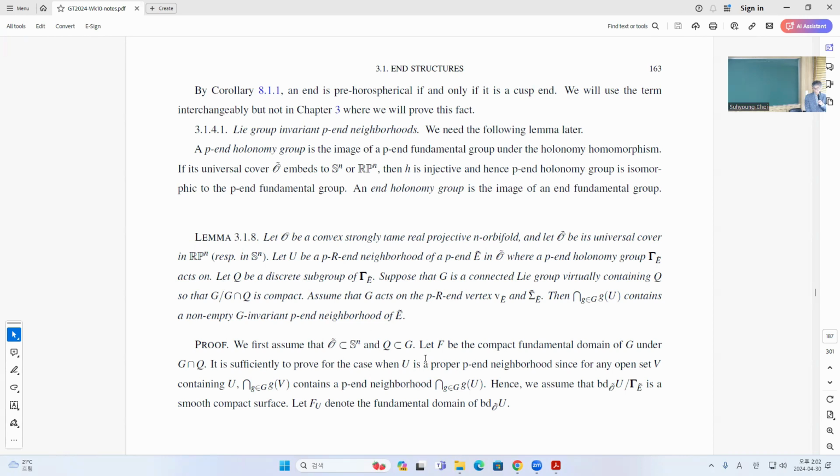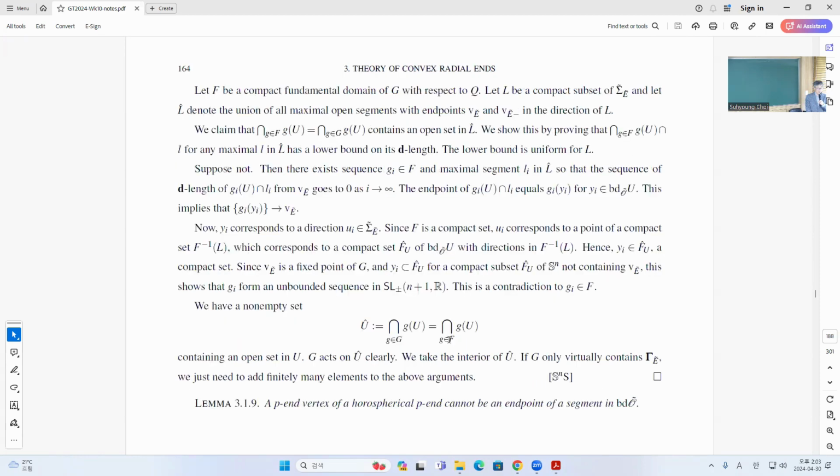The reason is, of course, you can always find some compact fundamental domain. So instead of taking the complete intersection, you can only look at these things on the fundamental domain. Okay, that's the basic proof of this.